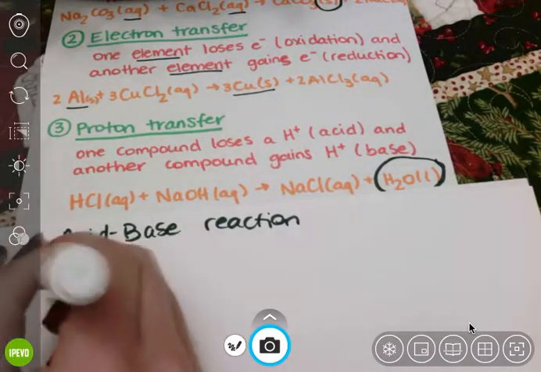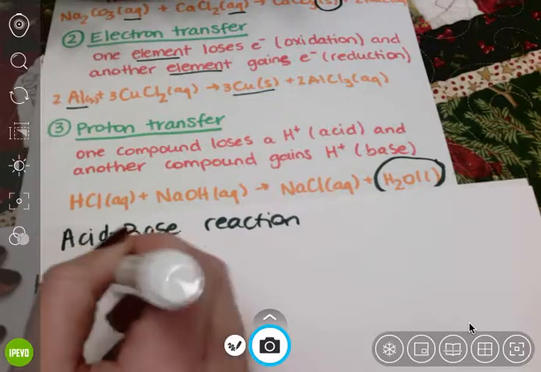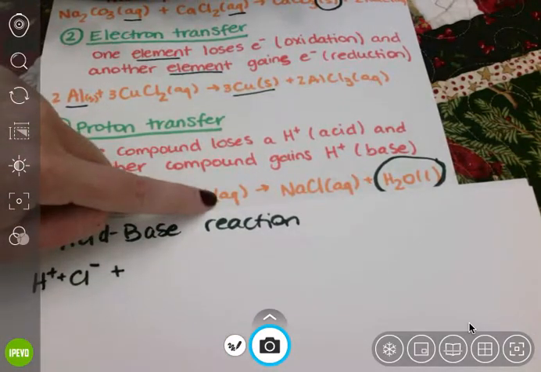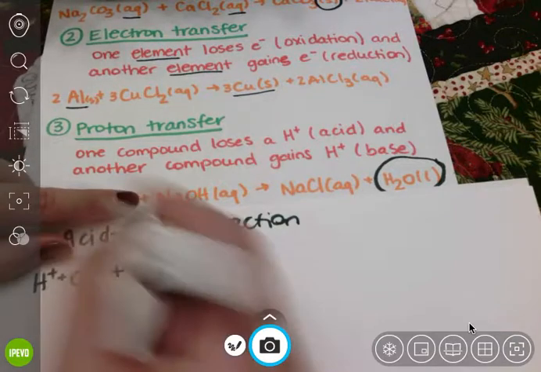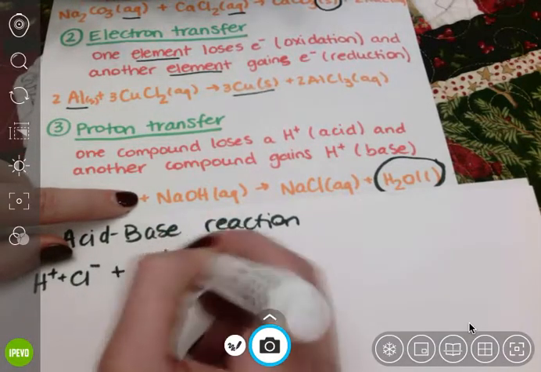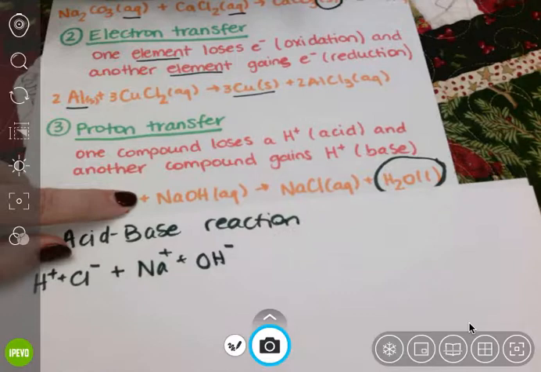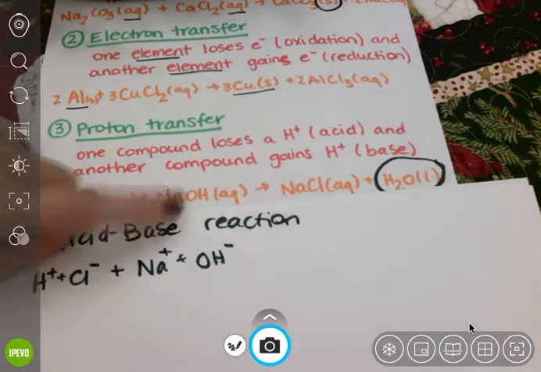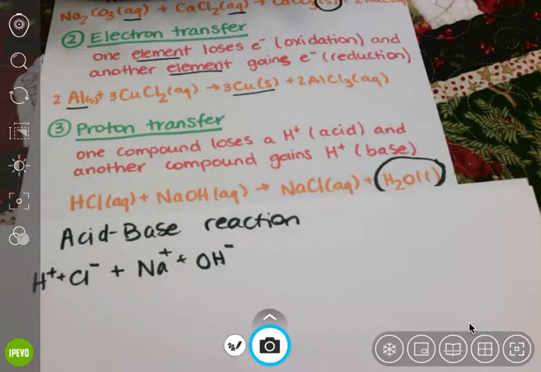So we're going to have hydrogen ions and chloride ions. The sodium hydroxide also says AQ. And so that means I'm going to have sodium ions and hydroxide ions. Remember that the OH is covalently bonded, and that hydroxide stays together. Okay, don't separate out the O from the H.